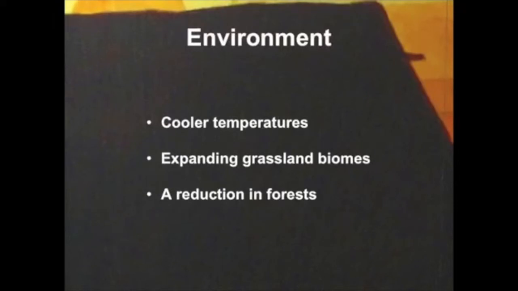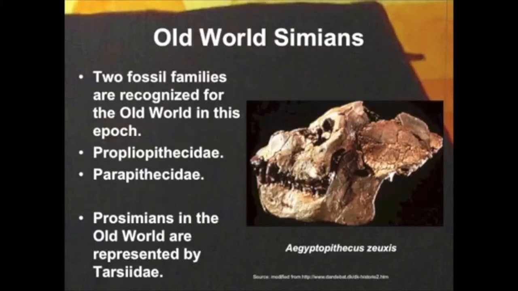Physical geographers reconstructing these paleoenvironments recognize the Oligocene to be a time of temperature cooling, a time when grasslands as an important biome within the biosphere of the planet begin to expand, and a time when forest stands begin to reduce in size.